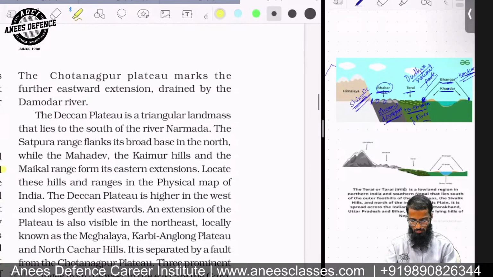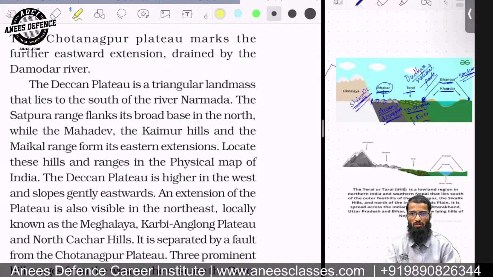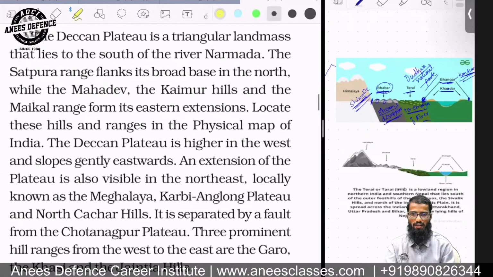You know about Chota Nagpur Plateau, you have a lot of minerals also in that area. Deccan Plateau is a triangular landmass. So it is triangular, not square or rectangular. It lies to the south of Narmada River.